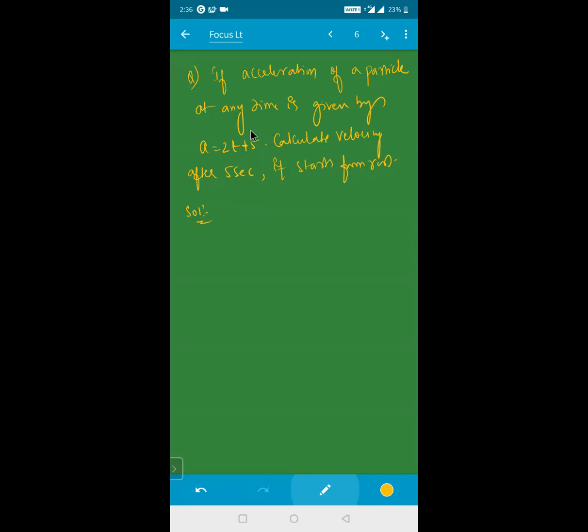If the acceleration of the particle at any time is given by a is equal to 2t plus 5, calculate the velocity after 5 seconds if it starts from rest.